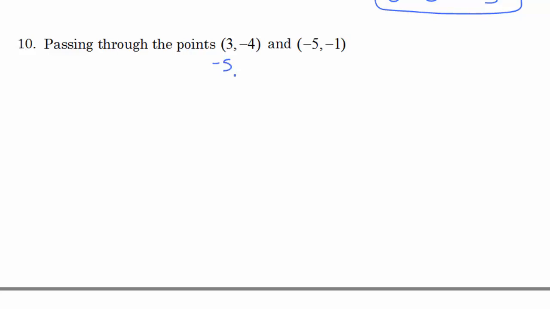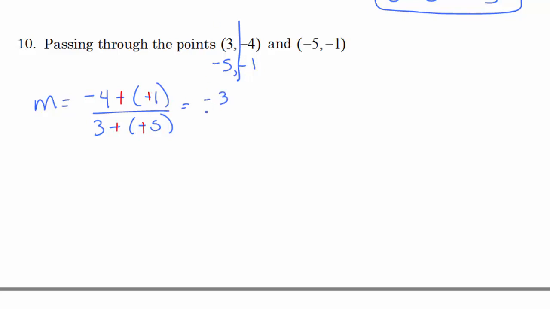So again, I'm going to line up my x's and y's. So I need to find my slope. And you just need to be really careful about all those negatives. So again, I'm going to make those double negatives positive. And I have -3 over +8.